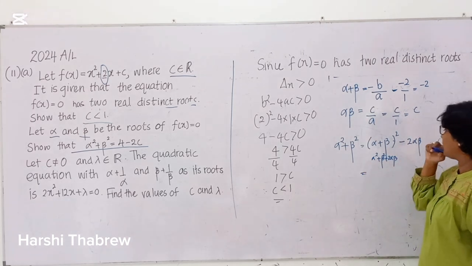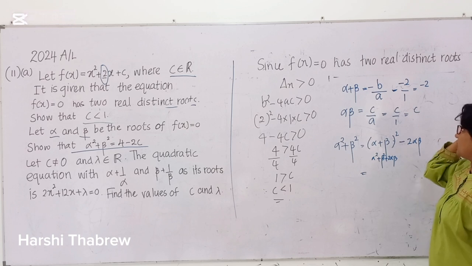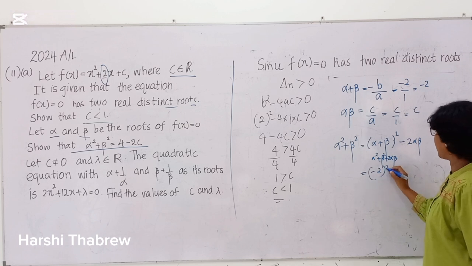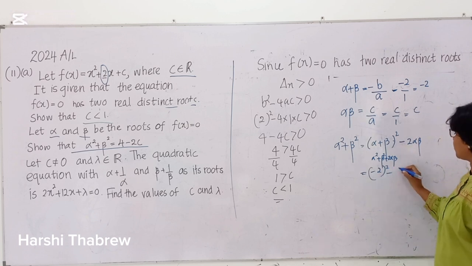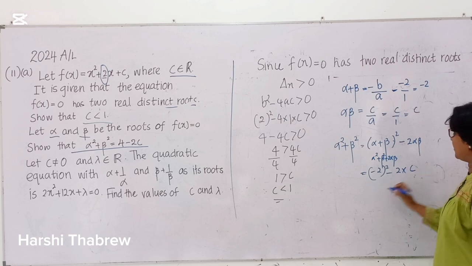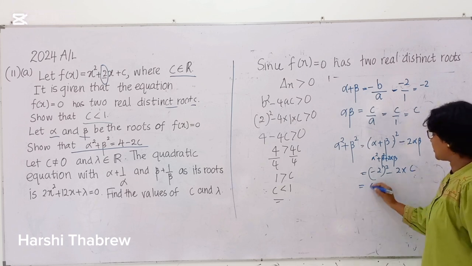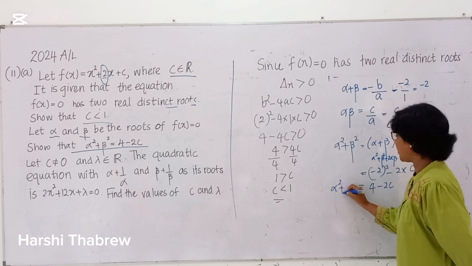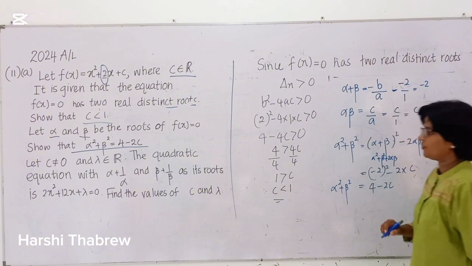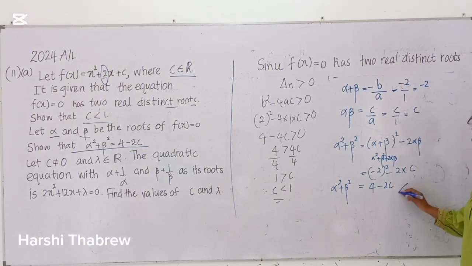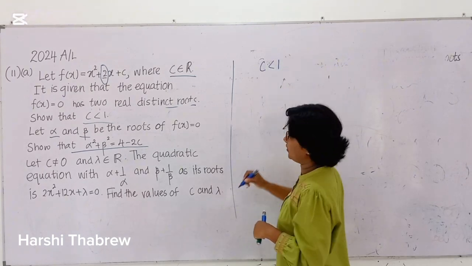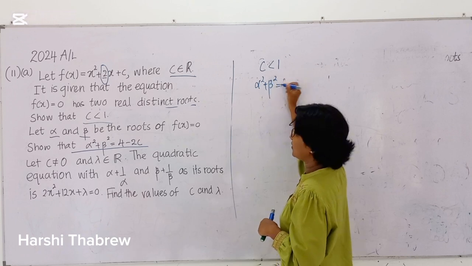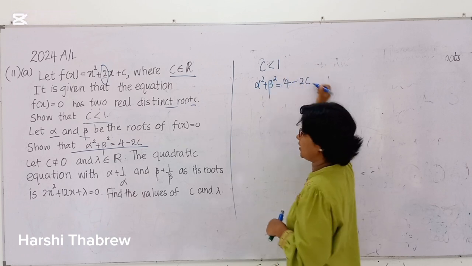The square of alpha plus beta is minus 2 squared, minus 2 times alpha beta, which is c. Therefore, minus 2 squared is 4, so 4 minus 2c is alpha squared plus beta squared. So we showed the second part: c less than 1 and alpha squared plus beta squared equals 4 minus 2c.